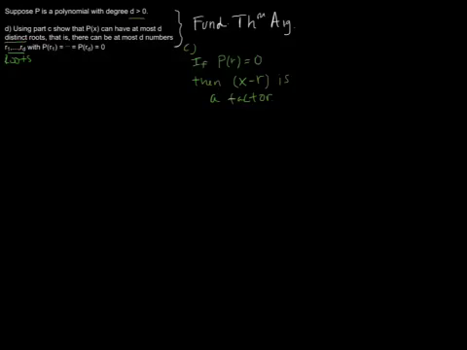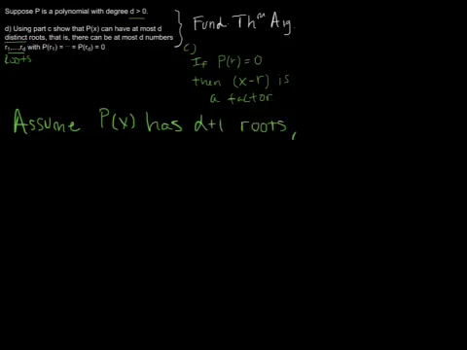So the first step is that we are going to assume there are d plus 1 roots. Assume p of x has d plus 1 roots.